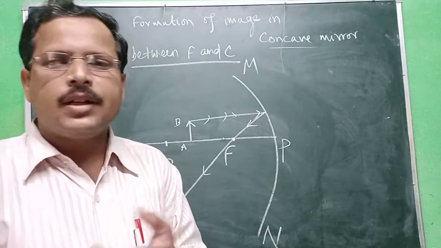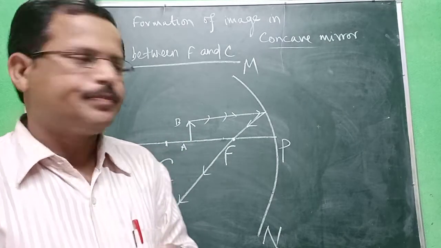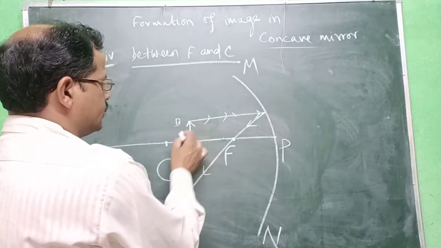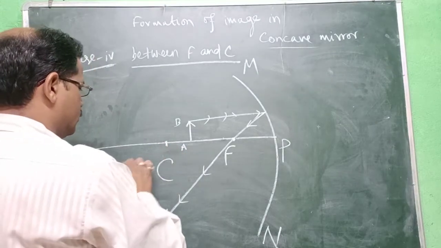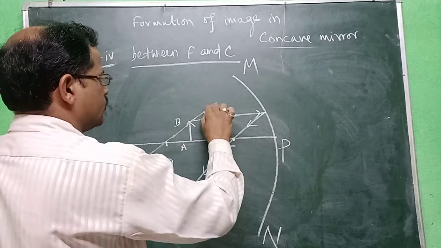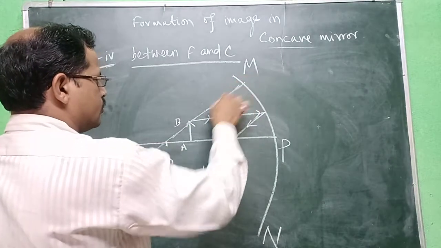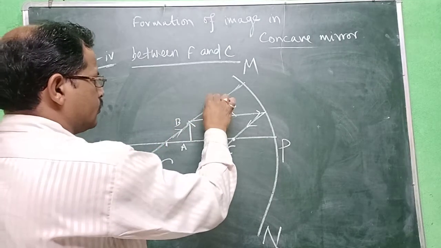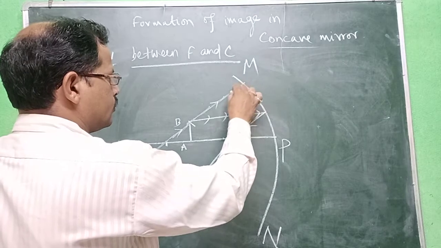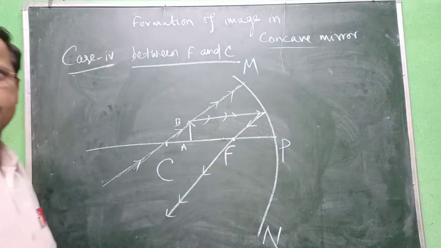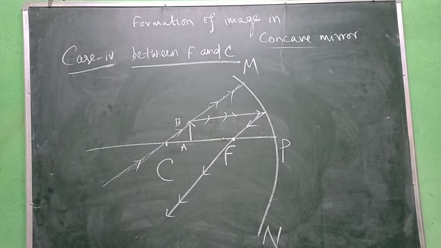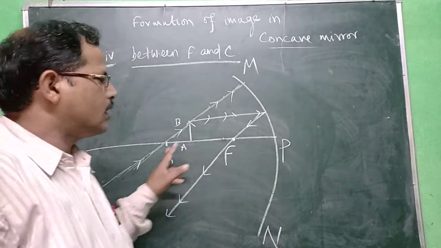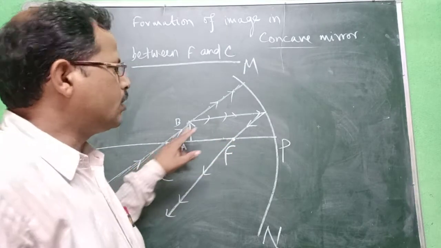Now we need another ray to get the image. Suppose another ray is going through the center of curvature.